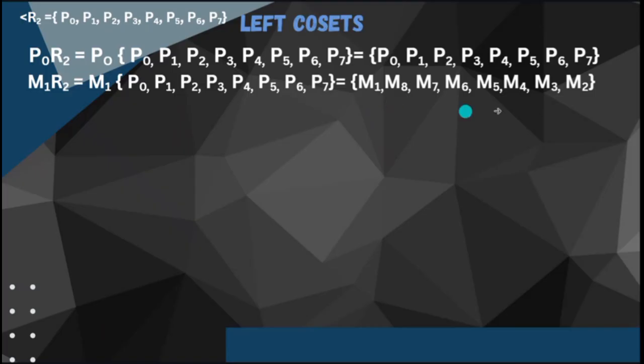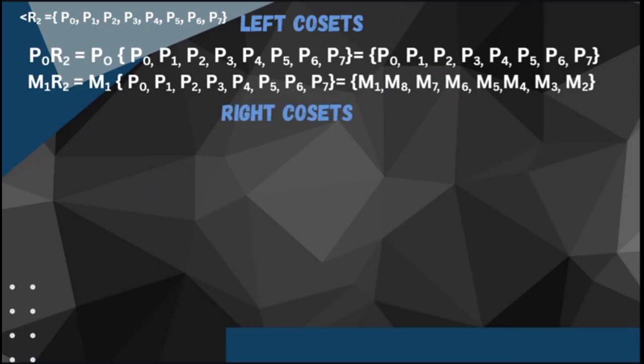Therefore, this is our left coset. We have rho sub 0, rho sub 1, rho sub 2, rho sub 3, rho sub 4, rho sub 5, rho sub 6, rho sub 7, mu sub 1, mu sub 2, mu sub 3, mu sub 4, mu sub 5, mu sub 6, mu sub 7, and mu sub 8.